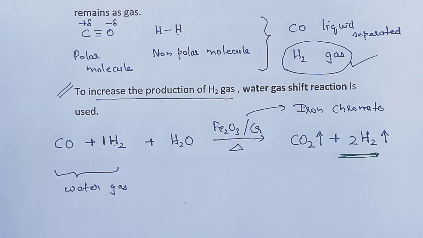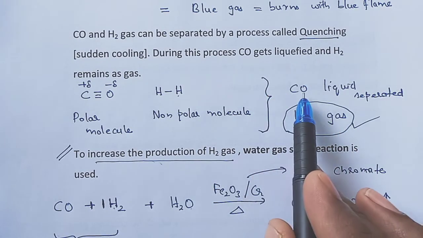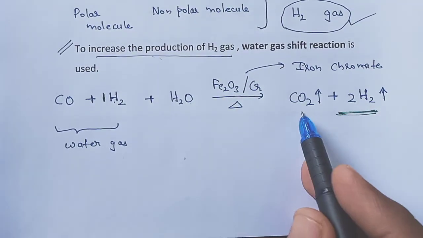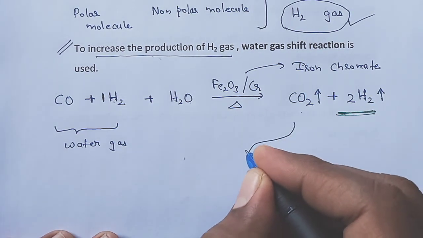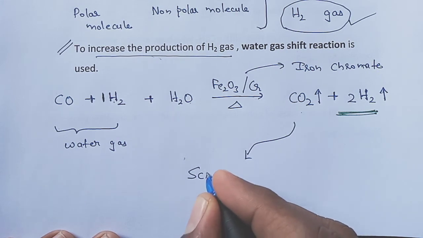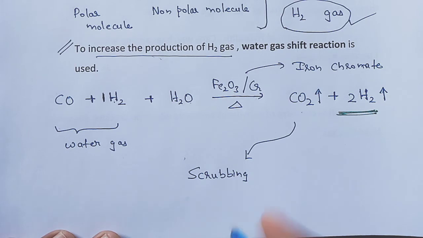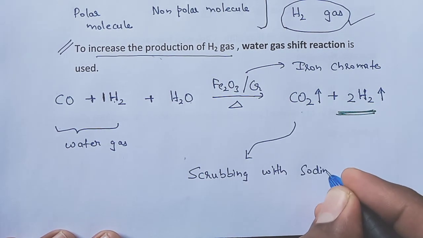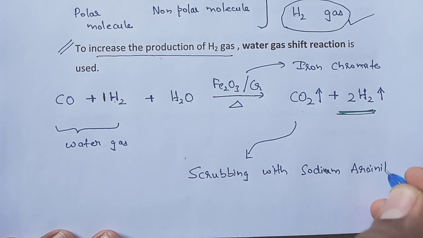Now once again we face the same problem. Here we have separated carbon monoxide by cooling. Now here, how to separate this carbon dioxide? Here we have carbon dioxide. How to separate this? In order to separate this carbon dioxide, we do a process called scrubbing. Scrubbing with sodium arsenite is done.